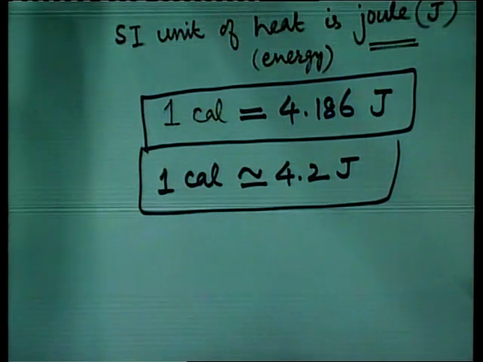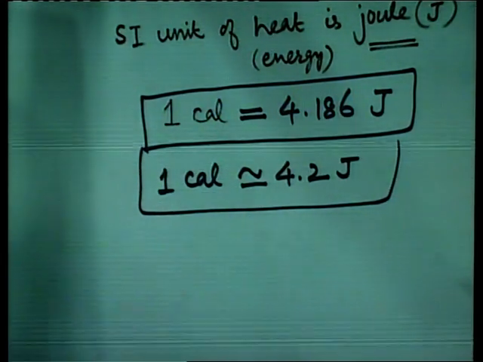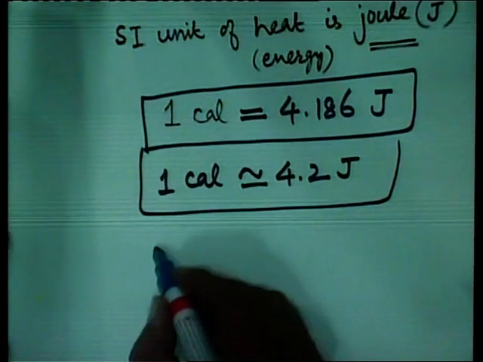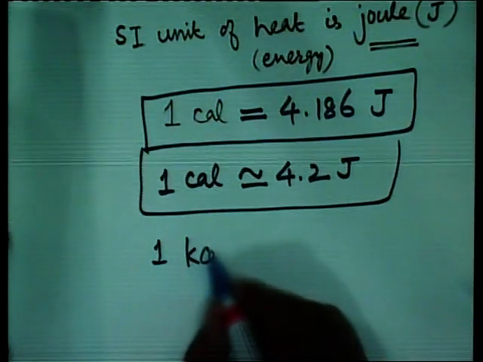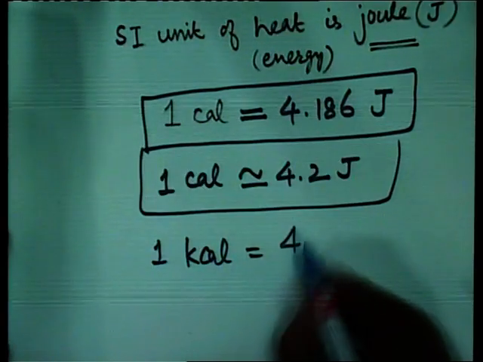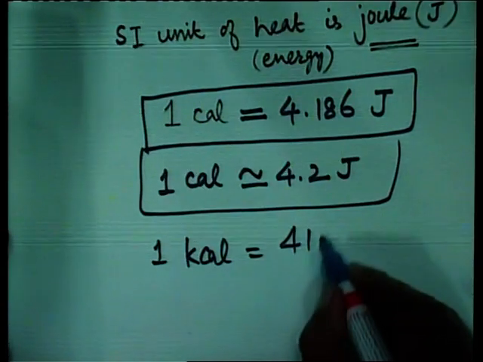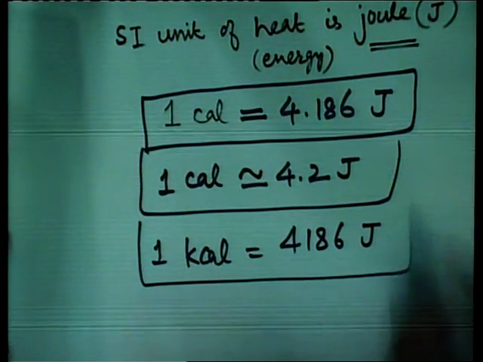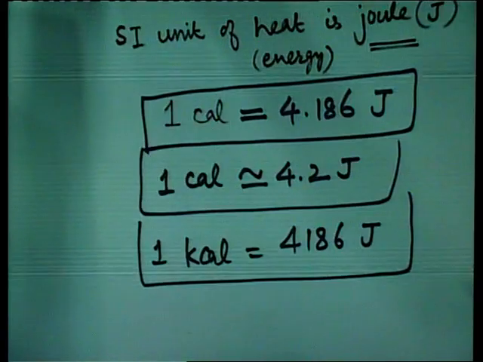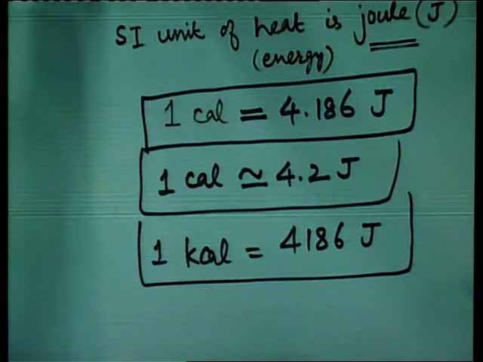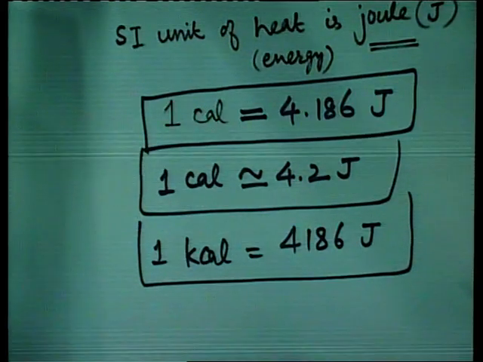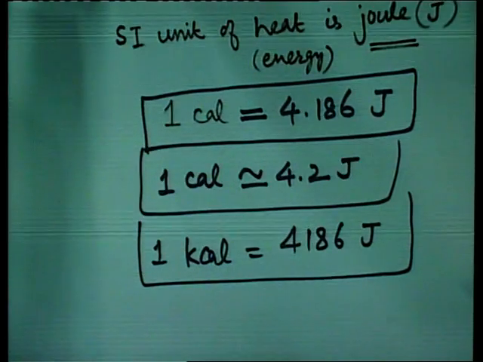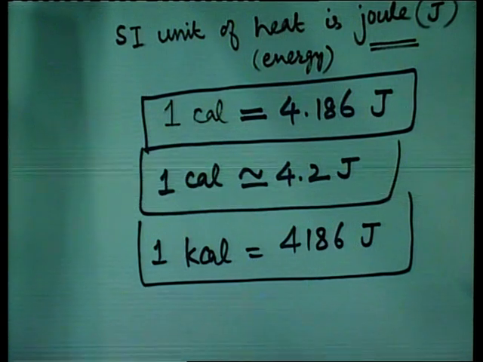So this is how calorie and joule are related with each other, and similarly 1 kilocalorie will be equal to 4186 joule. So, this is the SI unit of heat, which is called joule.